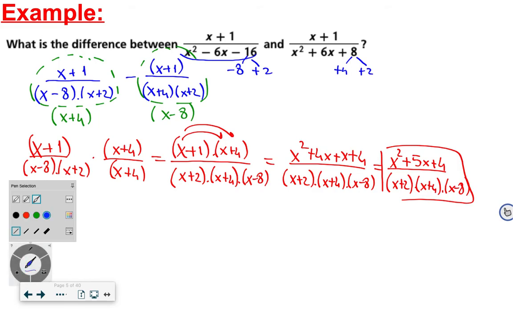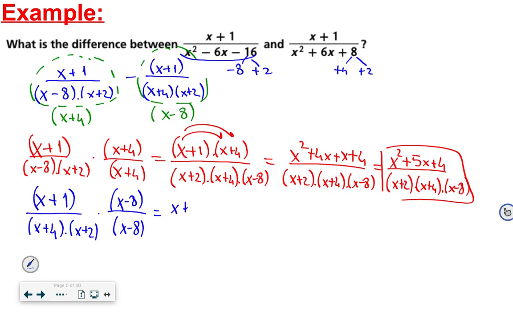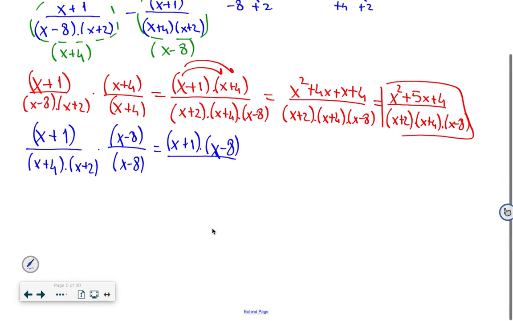What about the second one? X plus 1 over x plus 4 times x plus 2. I need to expand this by x minus 8 over x minus 8. Then you will get x plus 1 times x minus 8 over x plus 2 times x plus 4 times x minus 8.